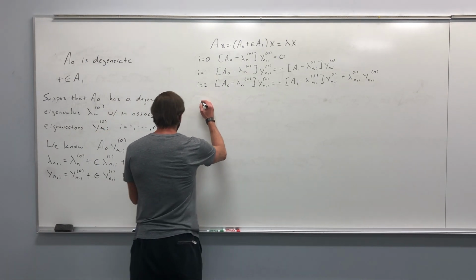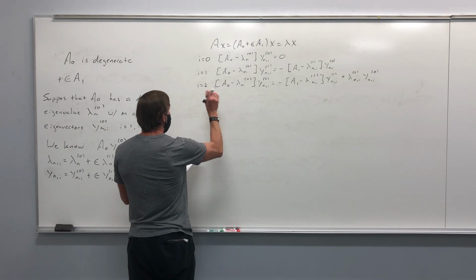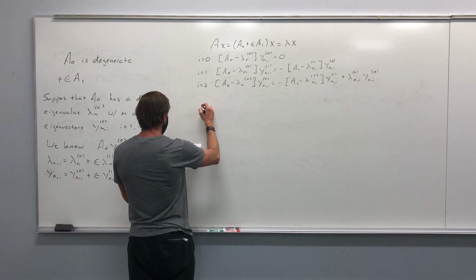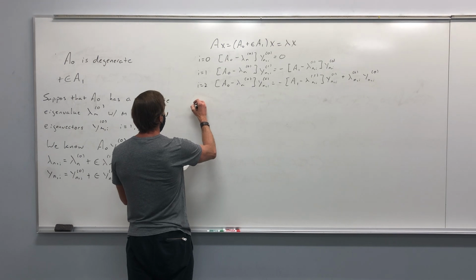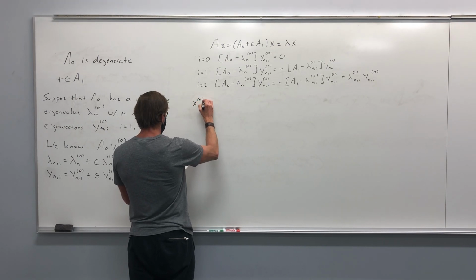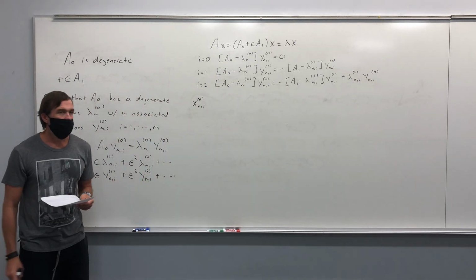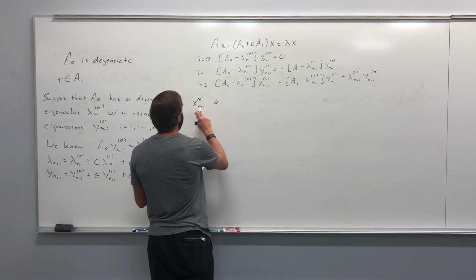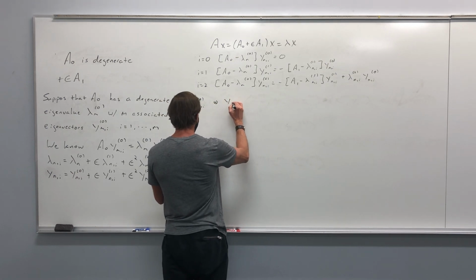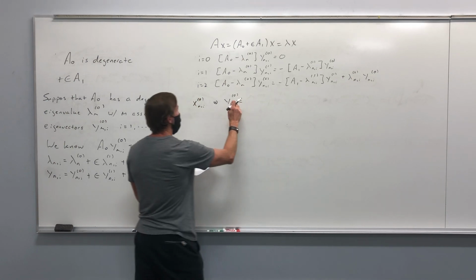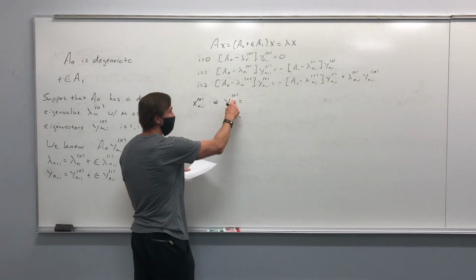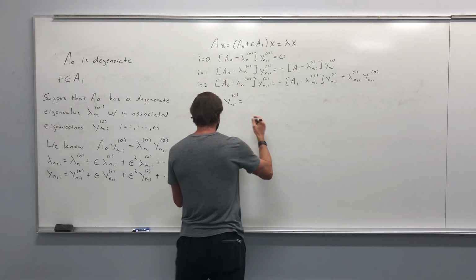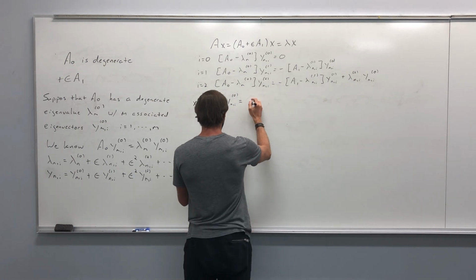So first of all, what we can do is we can pick a basis of eigenvectors associated with A. So we'll just call them x0 and I. All right? And then with this basis, we can expand the correct expression for y, which will be compatible with the corrections, in terms of this basis.